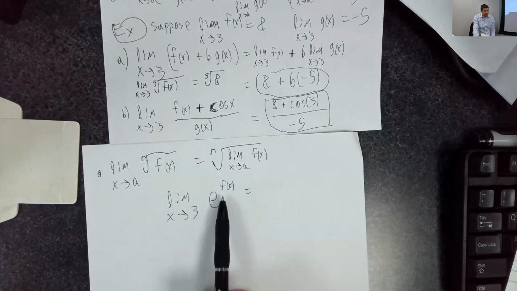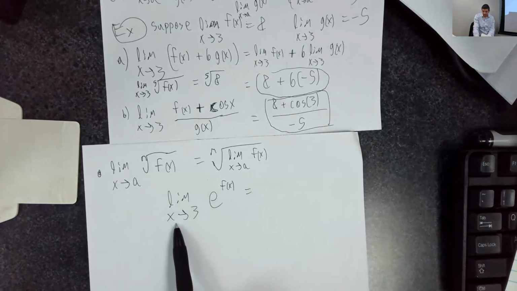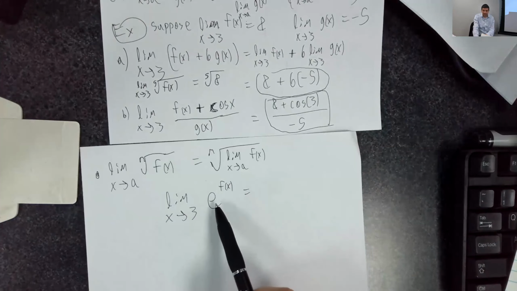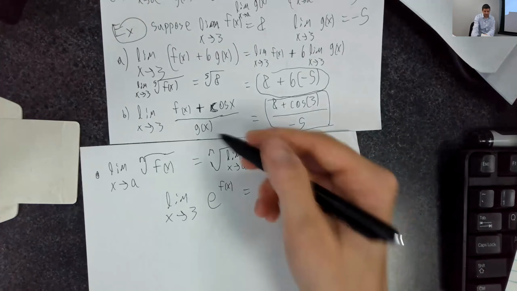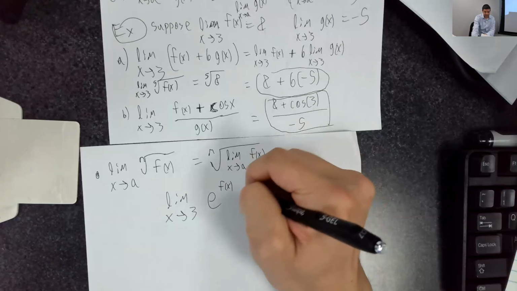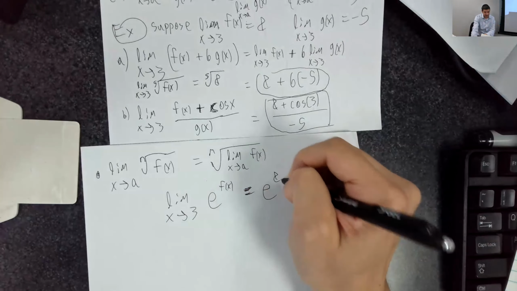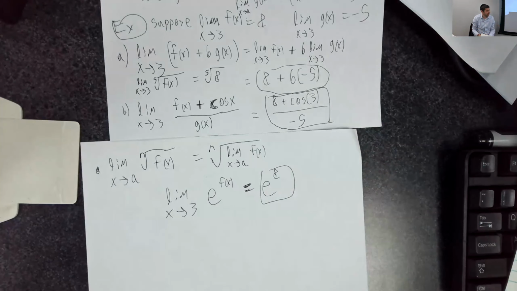So I'm composing e to the x with f of x. That means I could put the limit up there with f. Wherever you see your function, I could put the limit there because e to the x is continuous. So the final answer is what? E to the 8th. That's it.